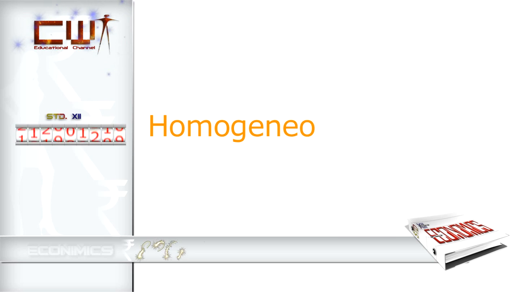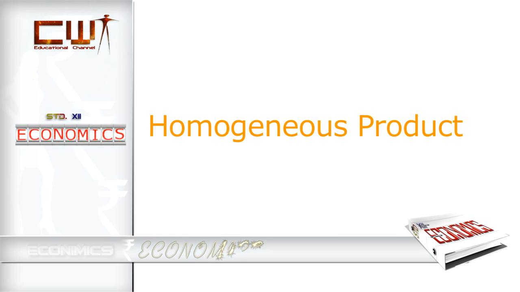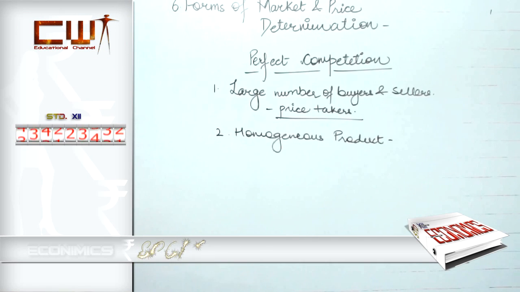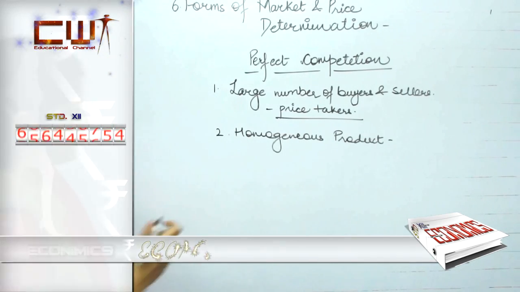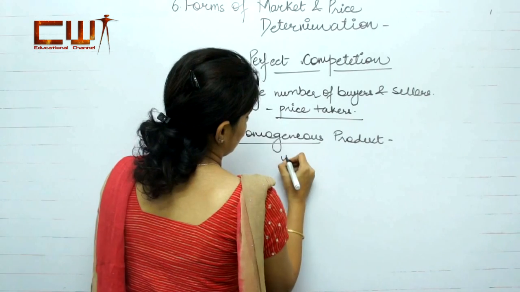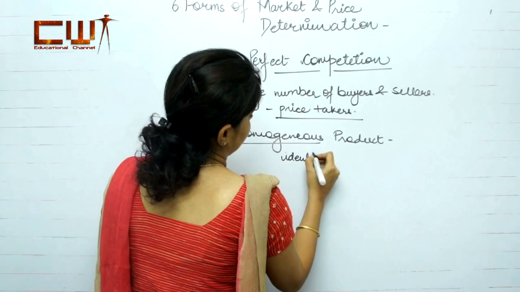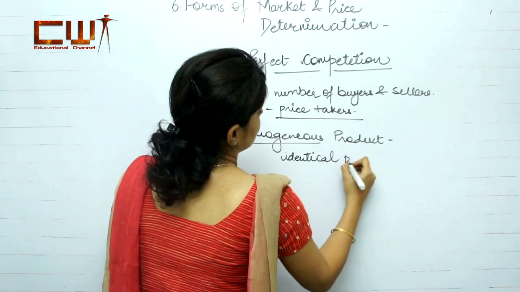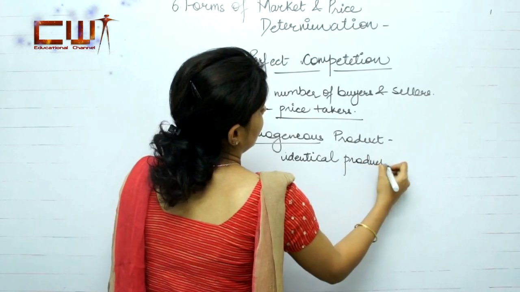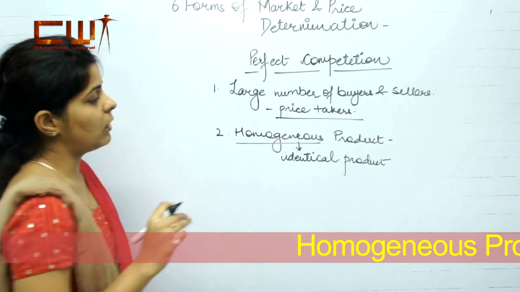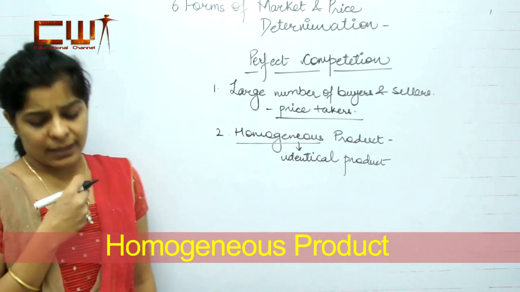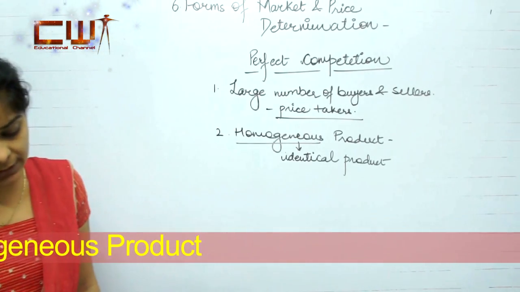Next feature is homogeneous product. Next important feature of perfect competition is homogeneous product. Homogeneity means identical. Identical product means there is no difference. All the products are identical in all aspects.